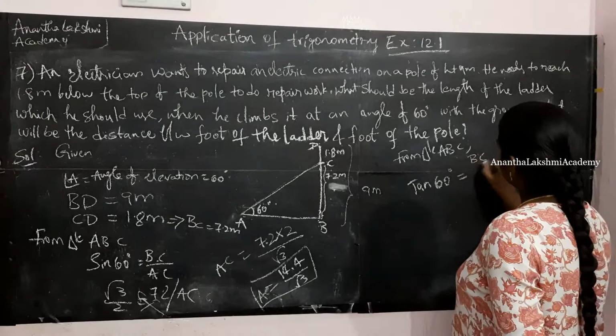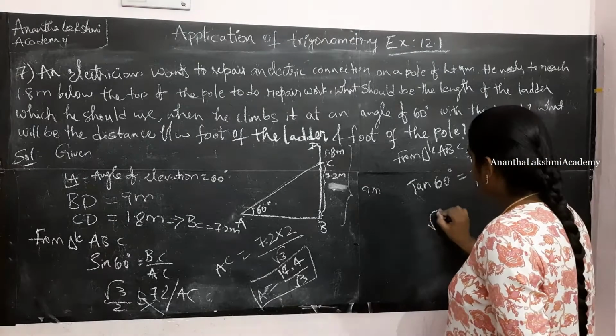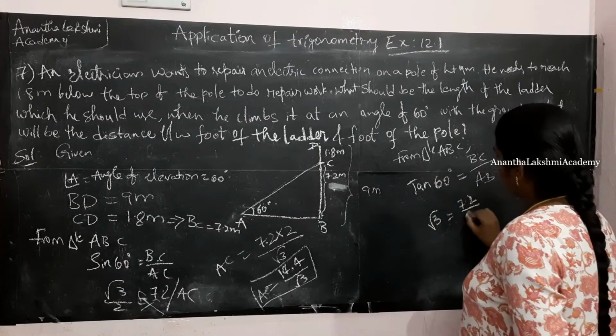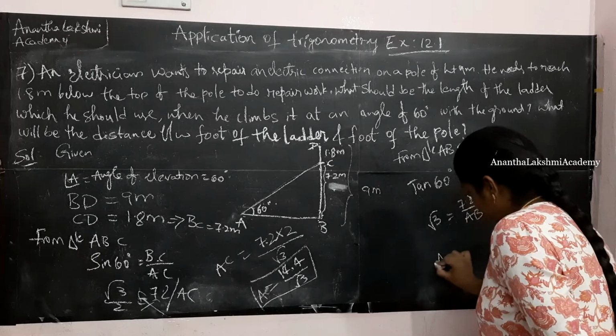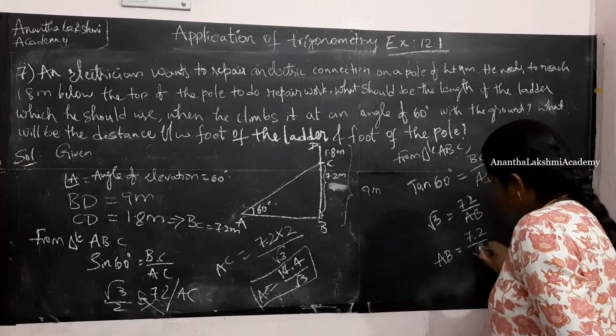Alright, BC by AB. Tan 60, what is tan 60? Root 3 is equal to BC is 7.2 by AB. If you do the cross multiplication, this is going to be 7.2 by root 3.